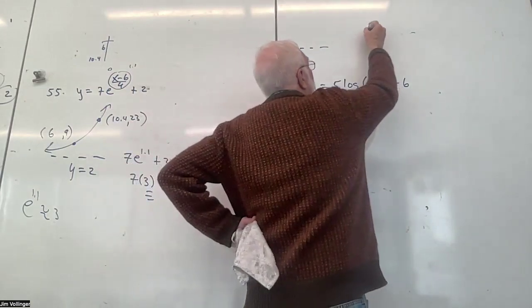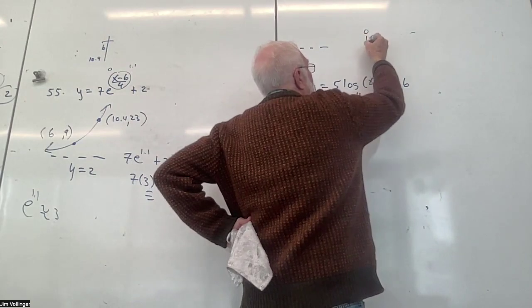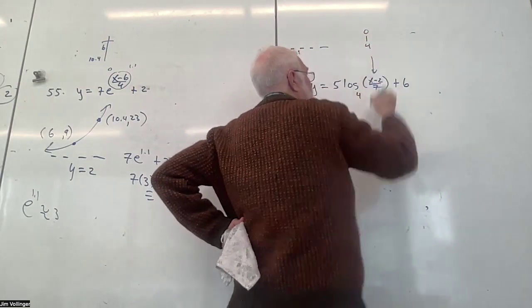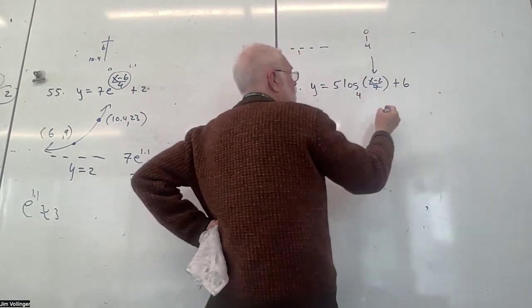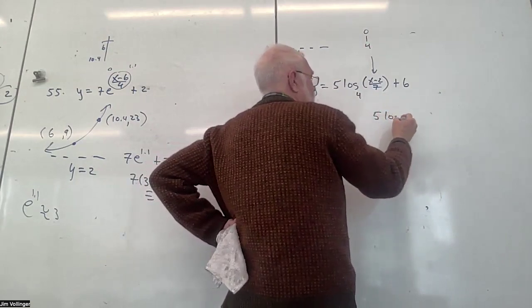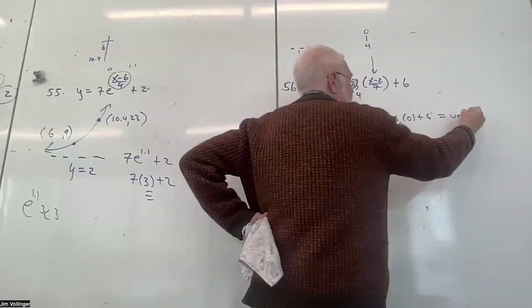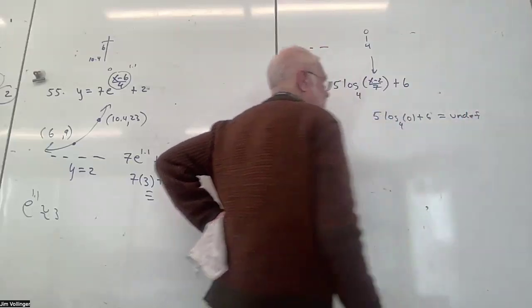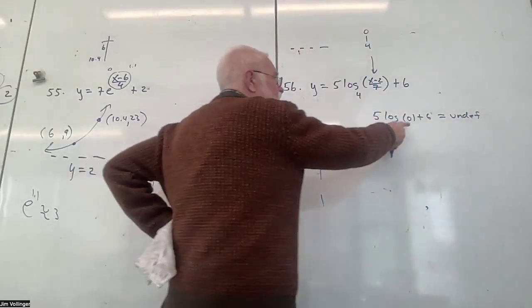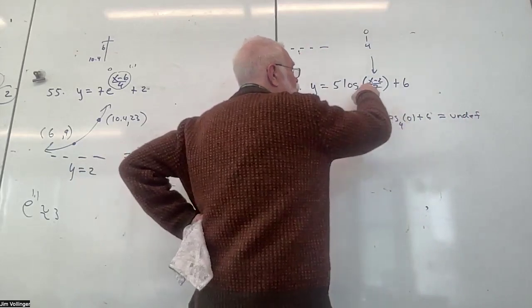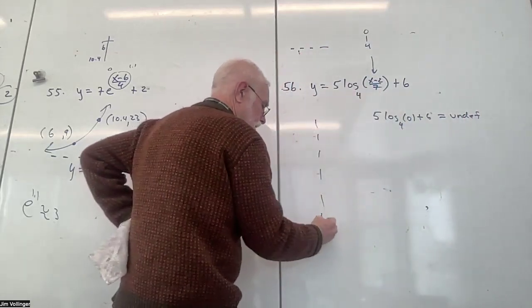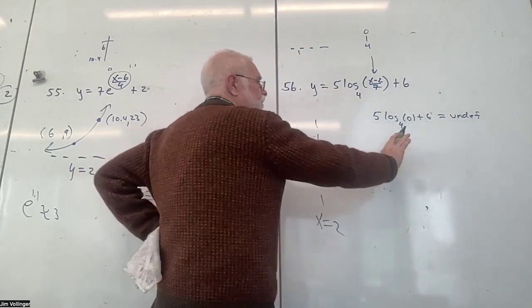I want 0, I want 1, and I want 4 in this parentheses. If I do, I get 5 log base 4 of 0 plus 6, which is undefined. Okay, and that means I need numbers bigger than 2.